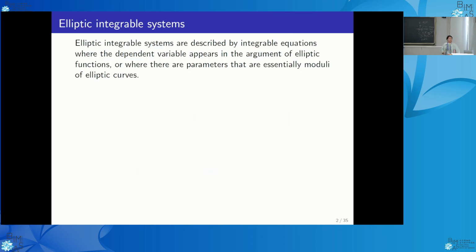To be precise, in this talk, when we mention elliptic integrable systems, they are described by integrable equations where the dependent variable appears in the argument of elliptic functions, or where there are parameters that are essentially moduli of elliptic curves.